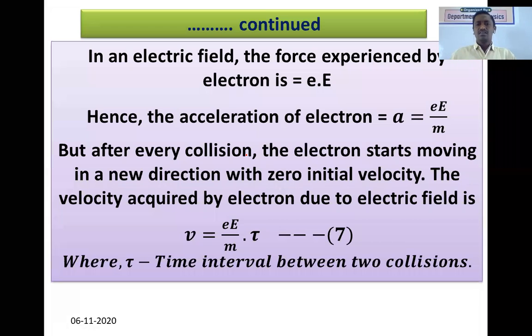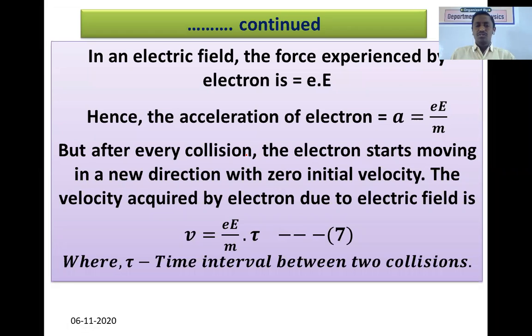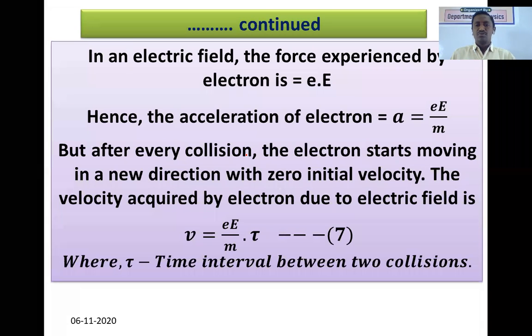So due to the force, the motion of the electron is disturbed or affected. That means the electron gets accelerated, and this acceleration of the electron will be force per unit mass, because we know from Newton's second law that force equals mass into acceleration.